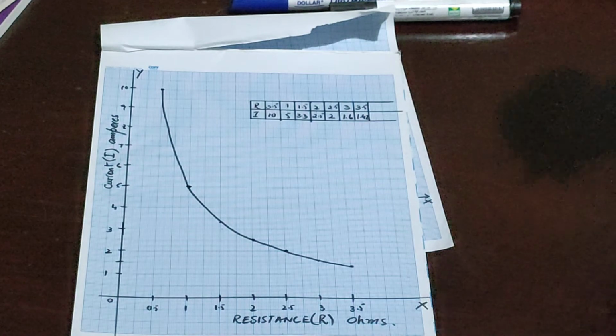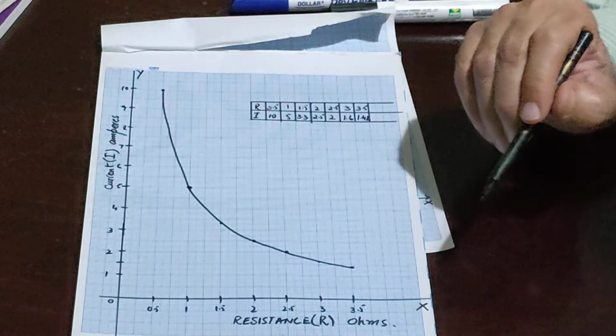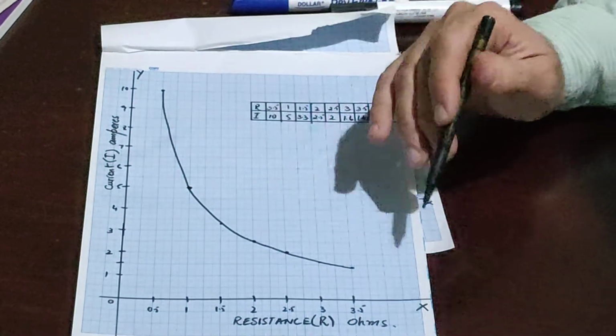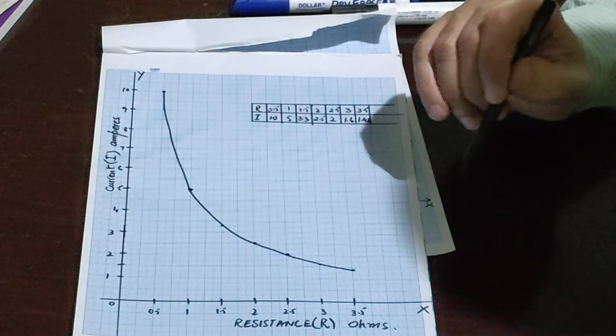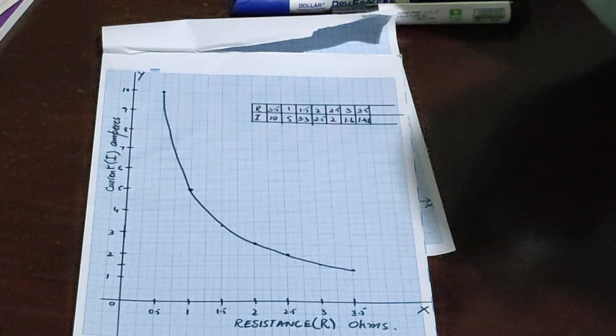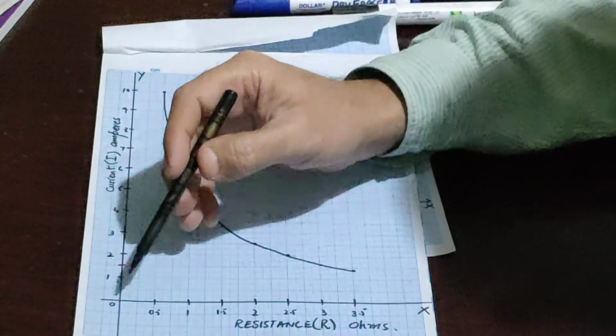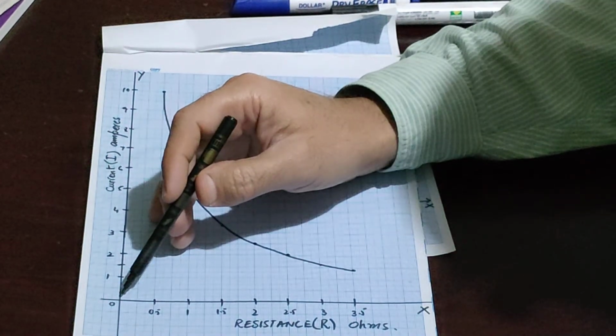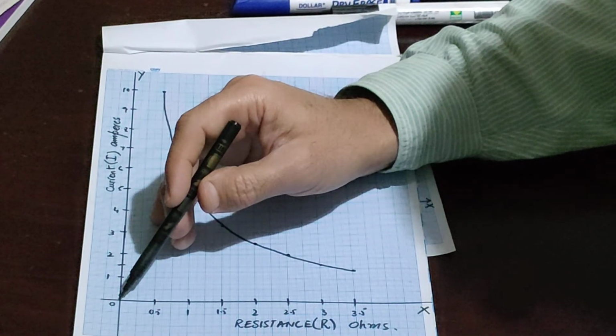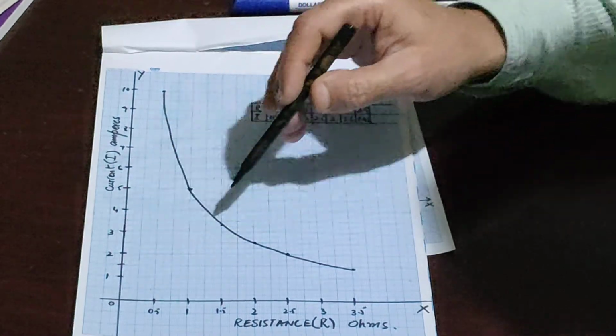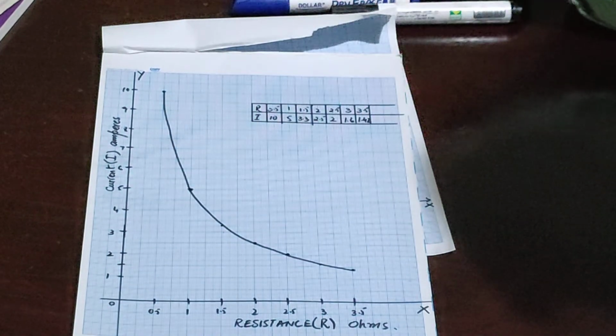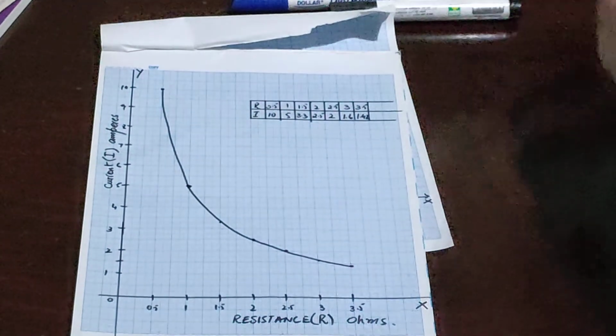So you see the graph for the inverse proportion. It's a curve. In the case of direct proportion, it was a straight line passing through the origin, giving us the trend that both things are increasing.